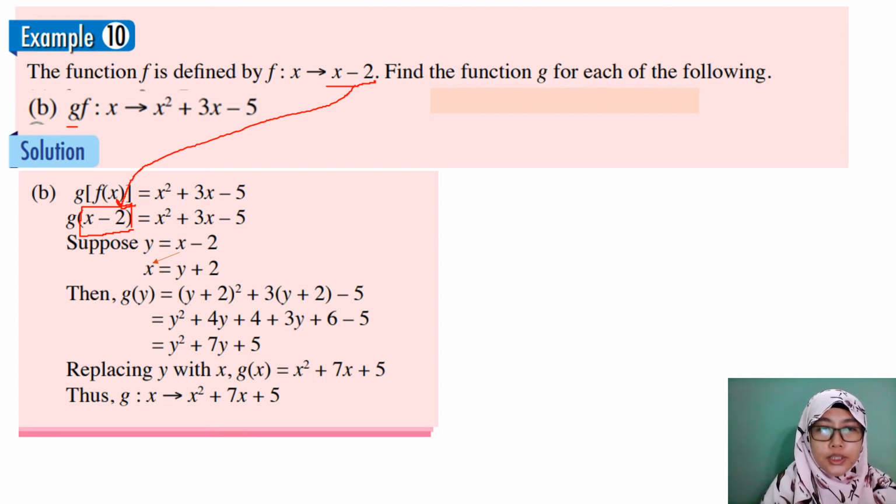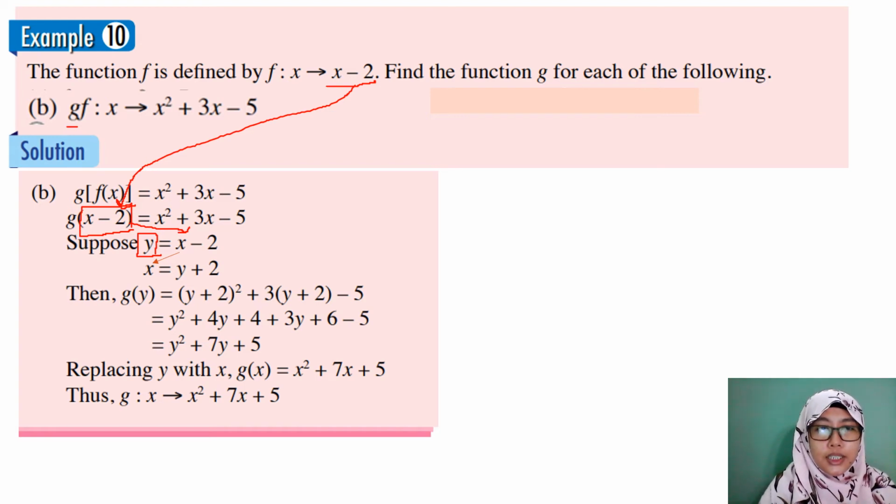So suppose y, kita gantikan dengan x minus 2 ni, kita ambil y sebagai subjek. Suppose y is equals to x minus 2 ni kita letakkan dekat sini. Macam tu. So that's a method. So you need to understand this method.